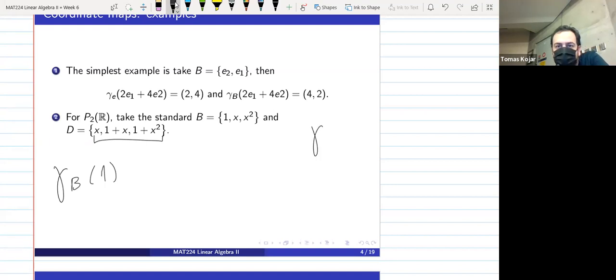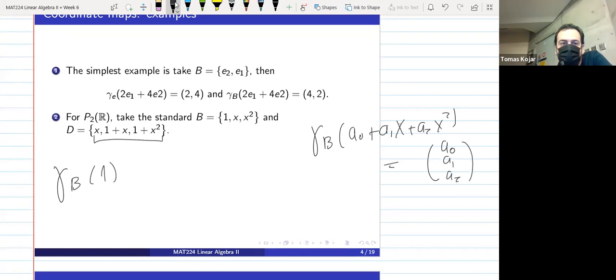So let me remind you, gamma B of A0 plus A1 x plus A2 x squared is the vector A0, A1, A2. Okay. Yeah, what is gamma B of 1? Yeah, okay, good. So I'm not going to ask the other ones.